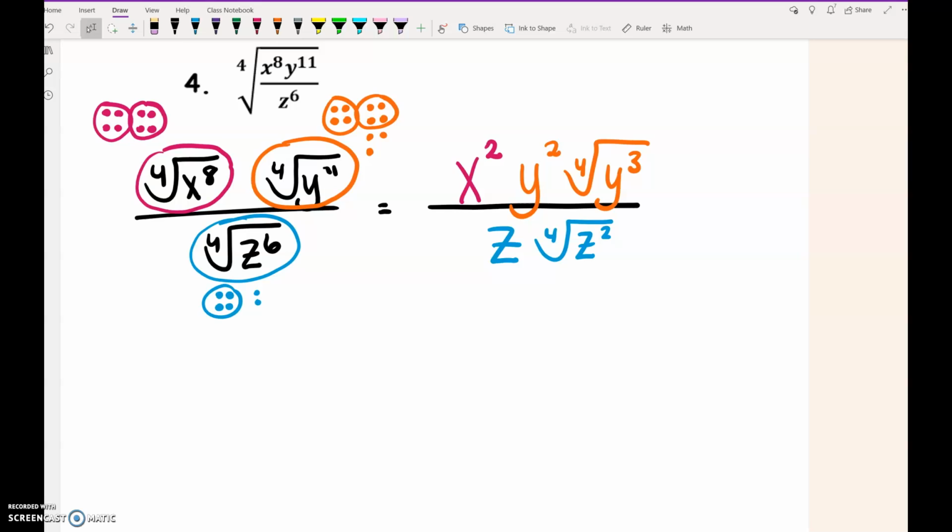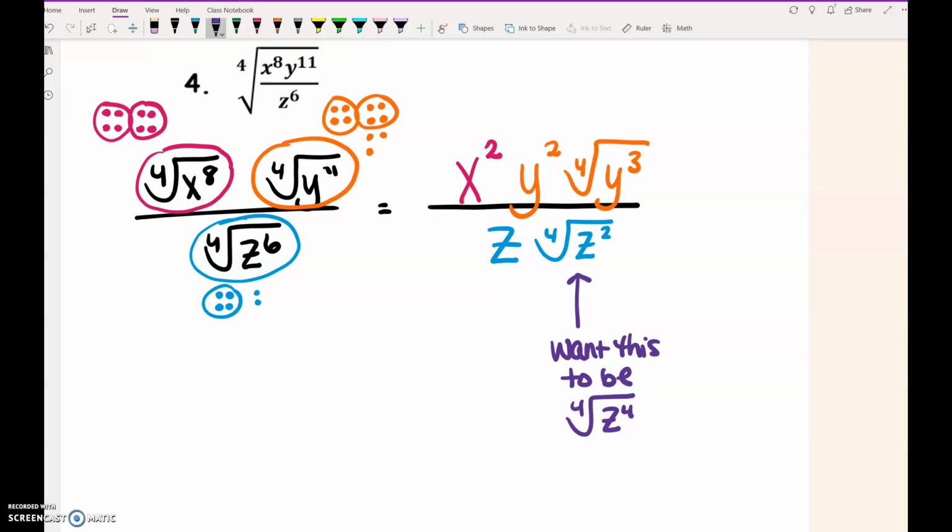No. Is this answer okay? Why is it not okay? There's a radical on the bottom. So here's the deal. We really, really want this to be the 4th root of z to the 4th.